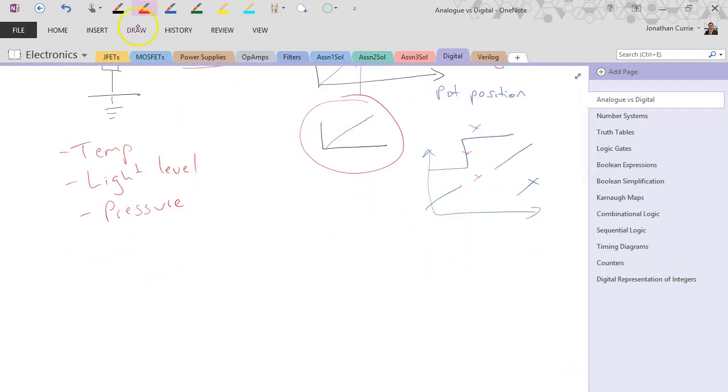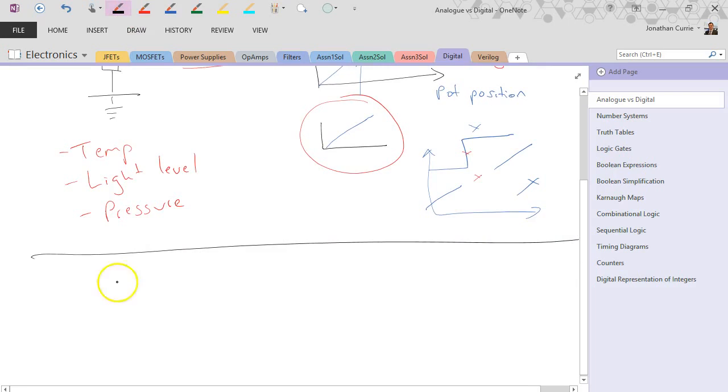The easiest analogy is a switch. VCC, V out. The switch goes on at some time t, and the voltage goes up when you close the switch.